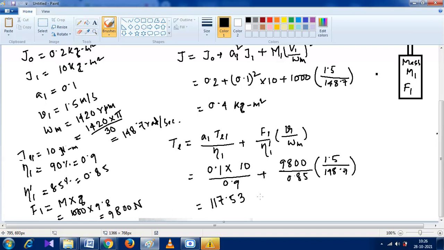And what is the unit of torque? Newton meter.